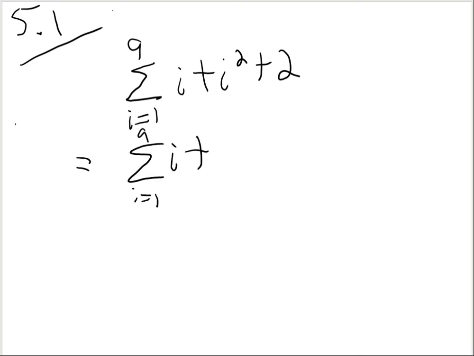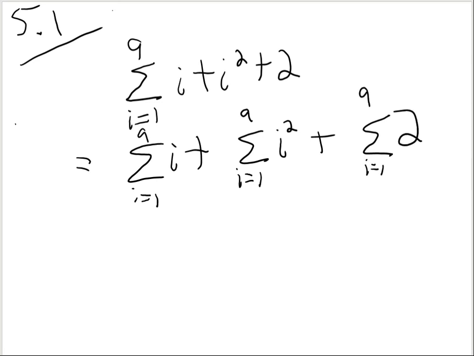By using rule number 5 twice, we can split this up into just each term, which, since it's a sum, is what you would hope you'd be able to do when you're summing things.